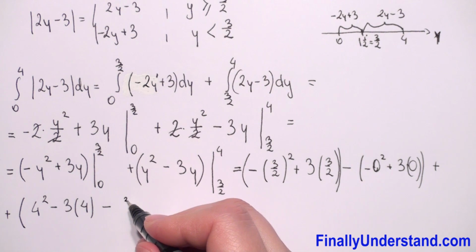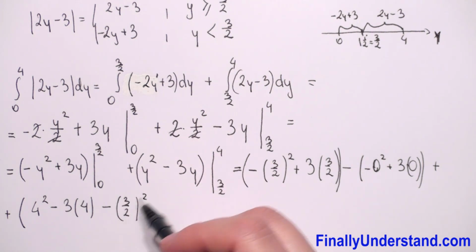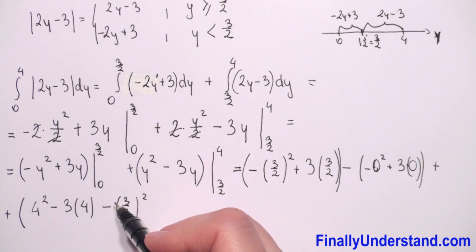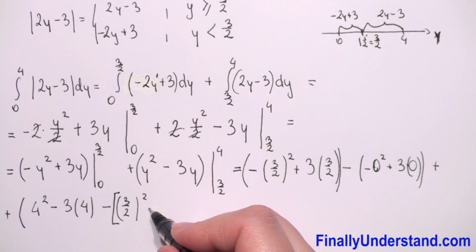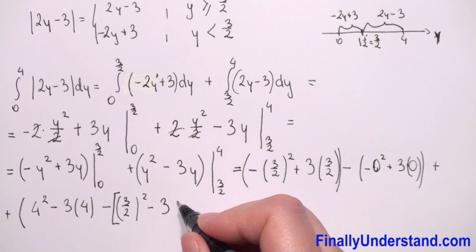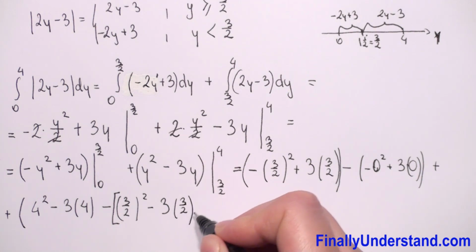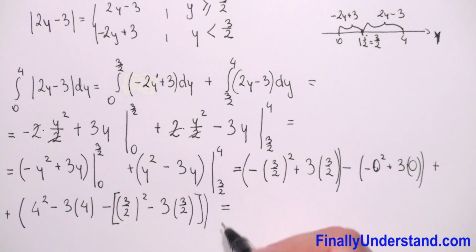It will be 3 over 2 squared, and because we have again negative, so I will put this in brackets now, minus, you have 3 times 3 over 2. Close parenthesis. So this is equal.